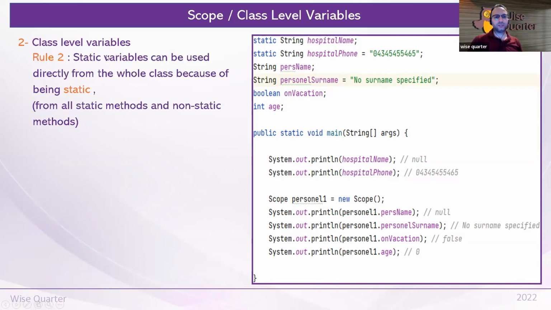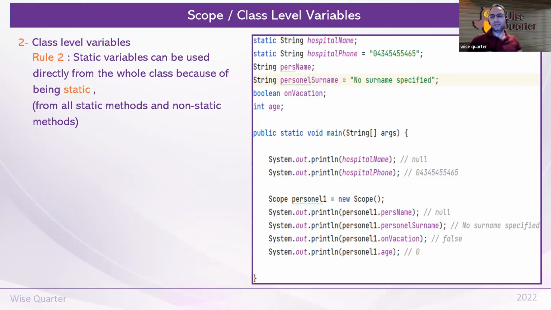Also, the second rule is: if you create a static variable, you can use it from the whole class because of being static. And all methods, including static methods and non-static methods, can call it. You know, a static method is a static party, an elite party, and normal people cannot enter it.